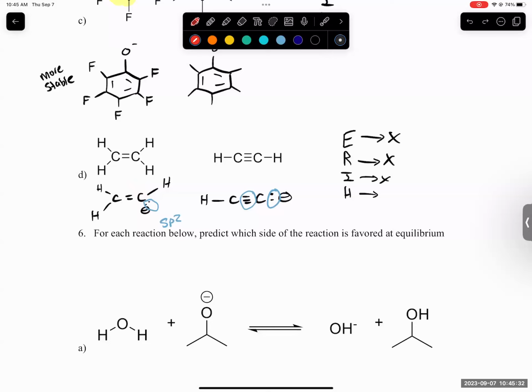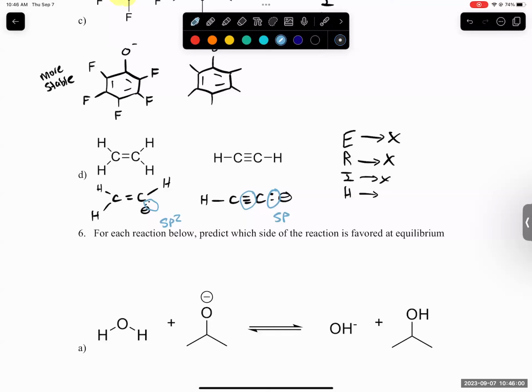Because we said earlier that the one that has more s character is more stable, what does that mean for which one of these is going to be more stable than the other? The second one, right? Because on the first one we have 1 s and 2 p's, so that's about 33% s character. On this one, we have 1 s and 1 p, which is split down the middle, so 50% s character.